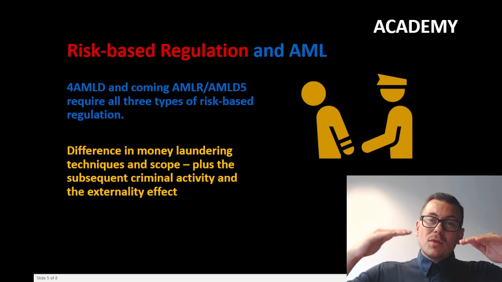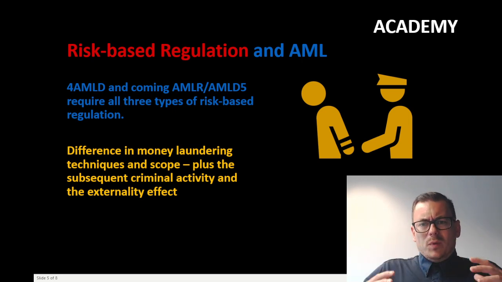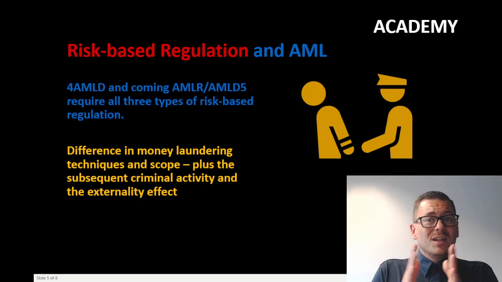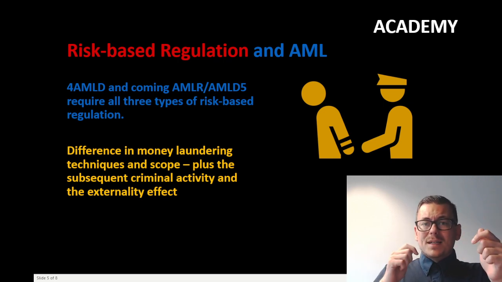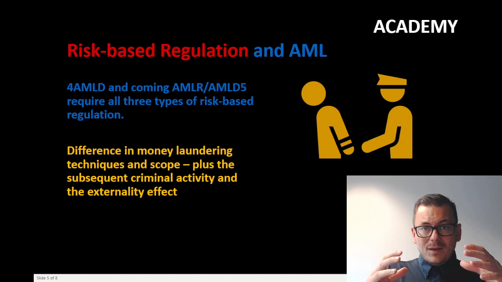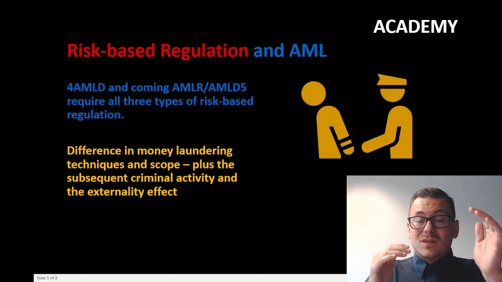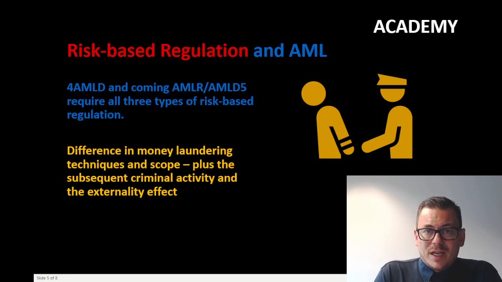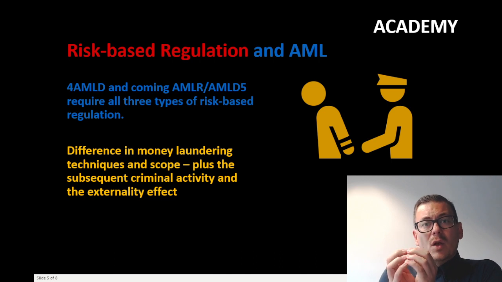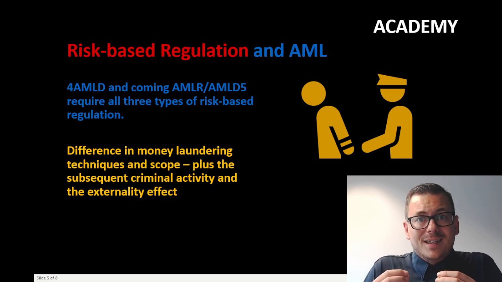It's very important, when you want to work within compliance in AML, that you understand that there are different types of risk and different types of risk-based regulation with different perspectives, because it depends on the techniques used for money laundering, the scope, whether it is national or international, and where it has an effect. You can have money laundering cases limited within one financial unit, even just a part of a city.